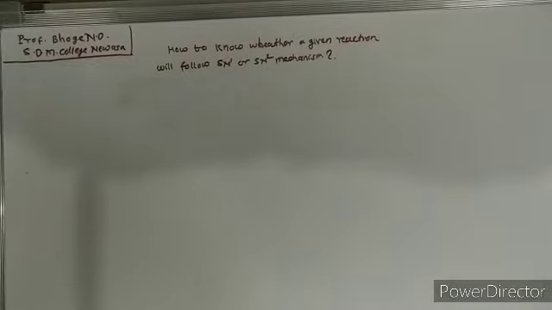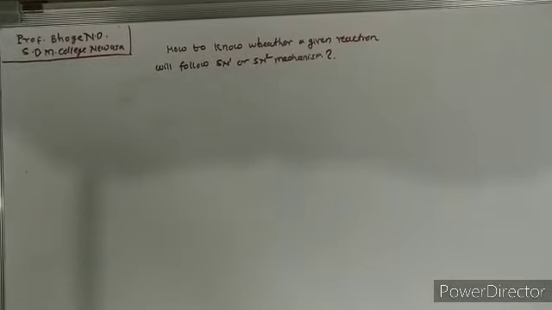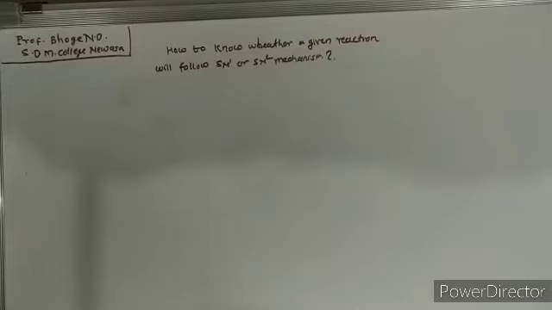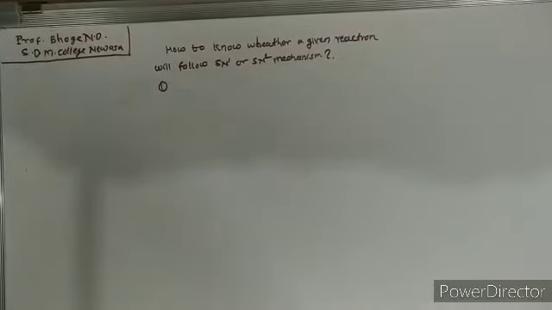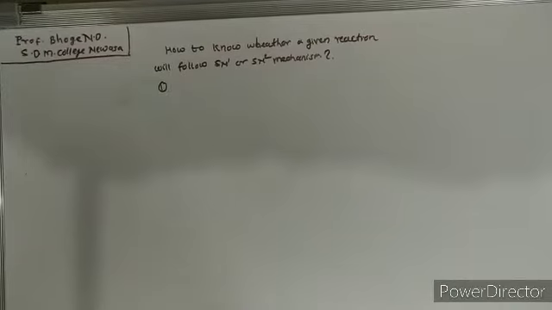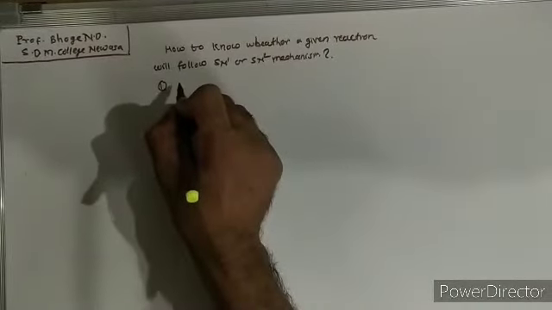Hello friends, in the previous video we already saw how to know whether a given reaction will follow the SN1 or SN2 mechanism. We saw that there are four factors which decide this.